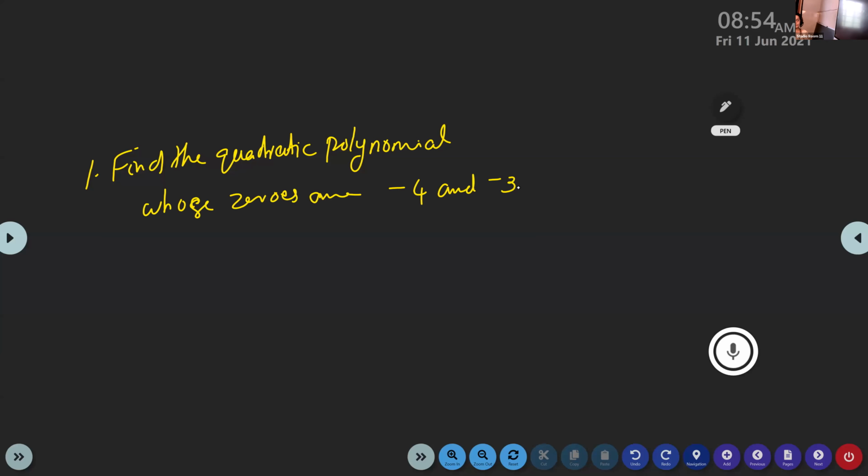Zeros are given: find the quadratic polynomial whose zeros are -4 and -3.